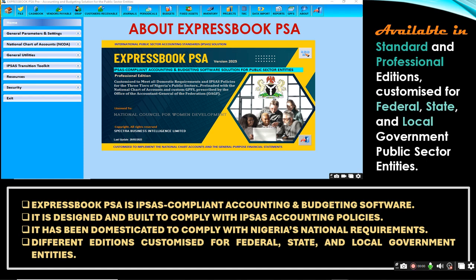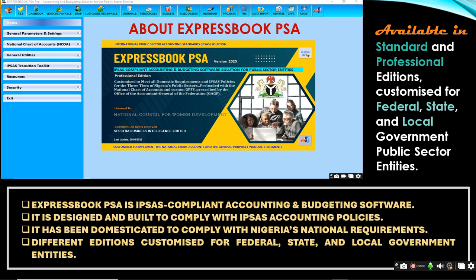So this is a software that was built right from the onset to implement IPSAS in Nigeria, because our first attempt when IPSAS came up was, well, let's just look for software somewhere in the world and represent that in Nigeria. Because from my experience when I started in software, it was more profitable to sell software for foreign companies in Nigeria than to build your own.